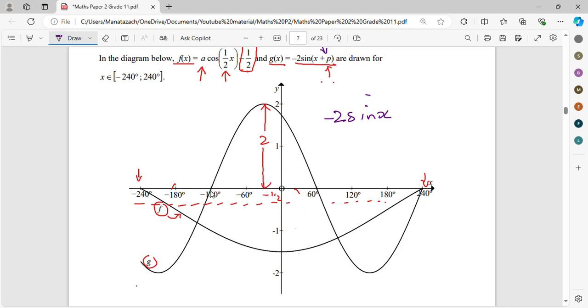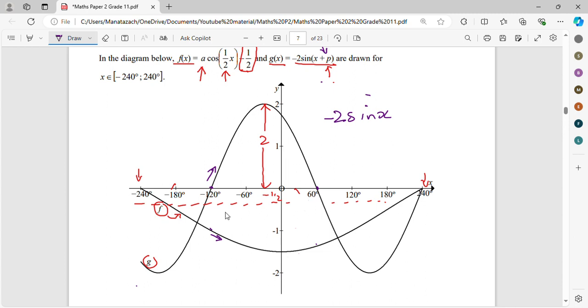So our domain is going to be starting from here, right, from minus 120, because graph g is going to be positive from there when graph f is remaining negative. So that will go on until 60 degrees, right?